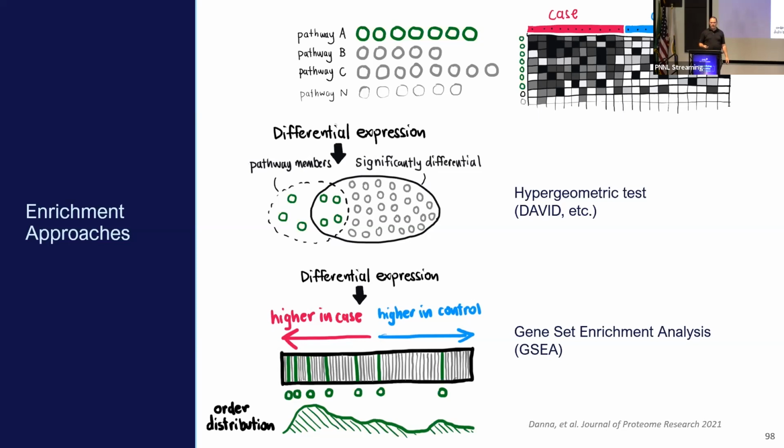And then you basically look to see, am I surprised for my pathway of interest at seeing the clustering? Is my pathway of interest randomly distributed in this list, or does it seem to be non-randomly distributed? So the idea is very similar to the simpler kind of set enrichment here, but in this case, you're kind of using more of the data.